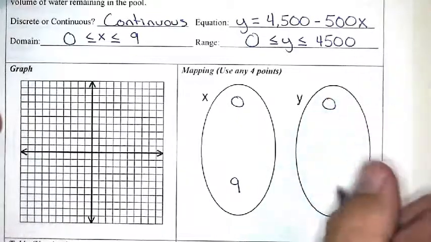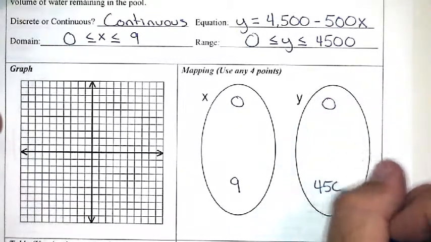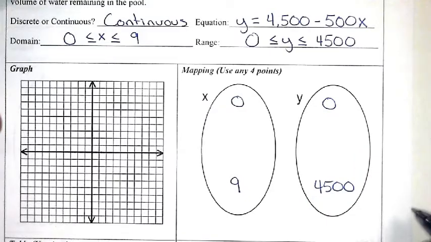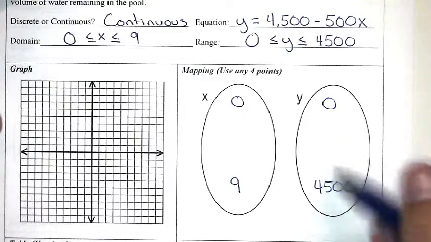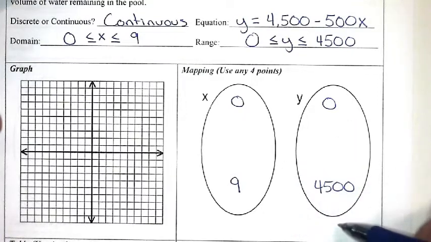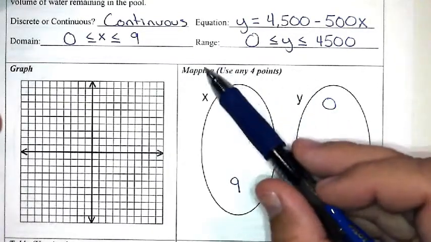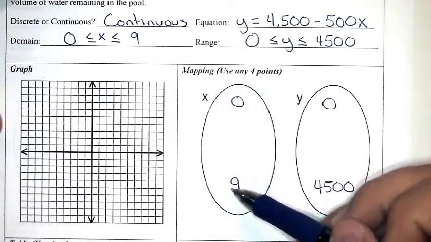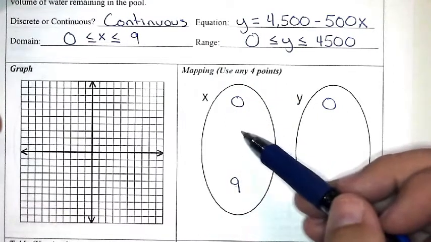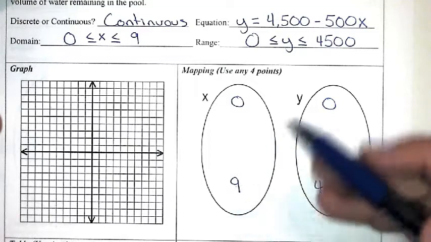My map needs to be in numerical order. That's why it looks like this. Now, this says use any 4 points. I have 2 already. Can y'all give me 2 numbers between 0 and 9? 5 and 4. So we got 4 and 5 is what we decided.